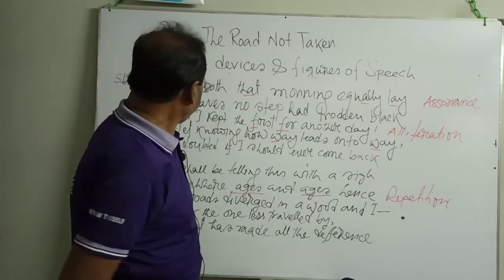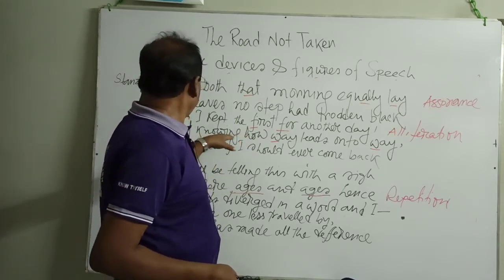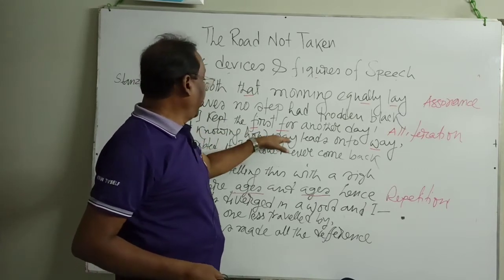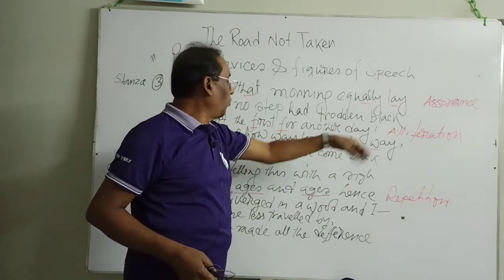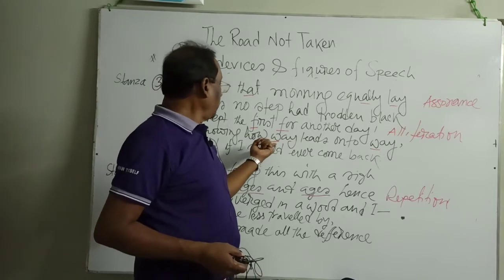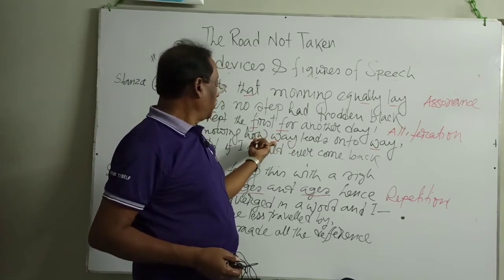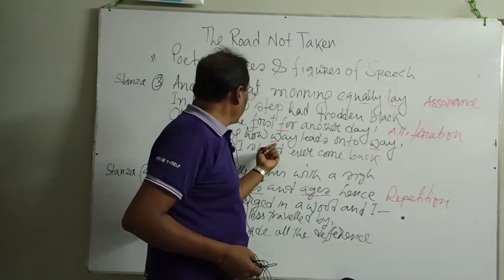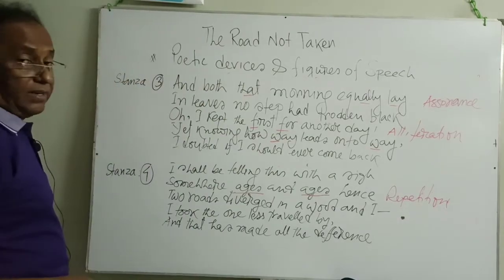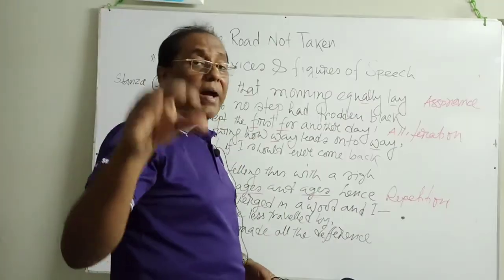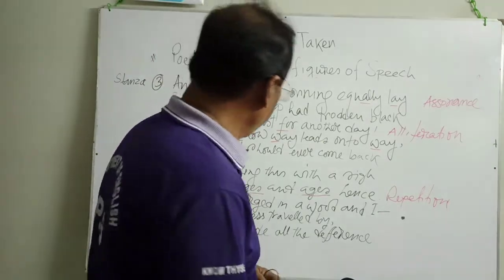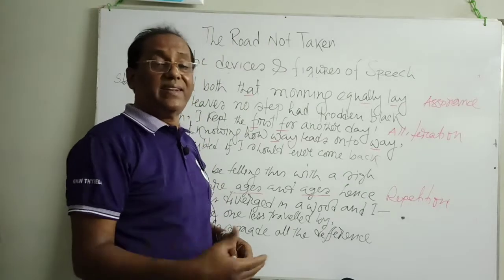Again, in the fourth line, yet knowing how way leads on to way. Here is again a repetition of consonant sound, way and way. This is called again alliteration. My students, you should always keep in mind all these poetic devices, rhetorics, figures of speech to understand any poem clearly and completely.